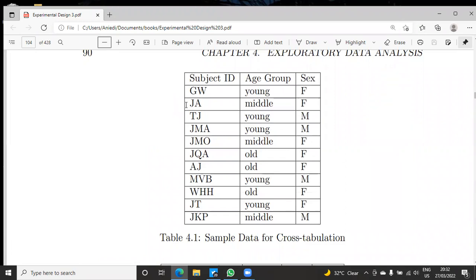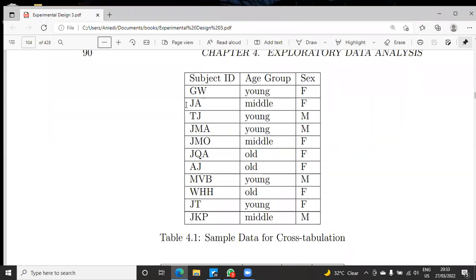This data was a two-table data which had age group and sex. In the age group, we have the young, the middle, and the old. Under sex, we have the male and female. But in order to analyze this data properly, in this example, the person decides that he wants to split them.